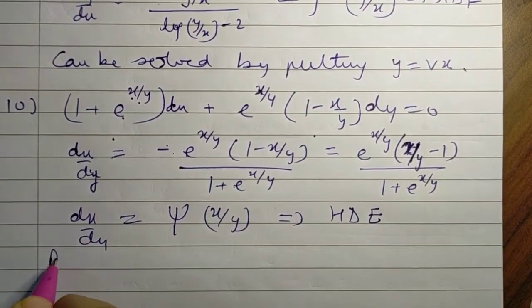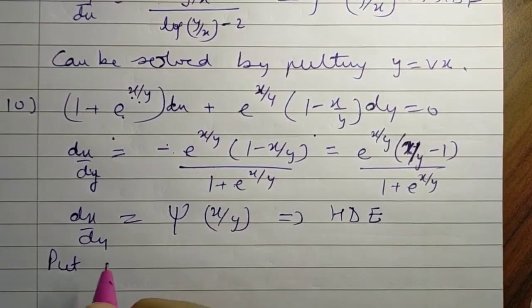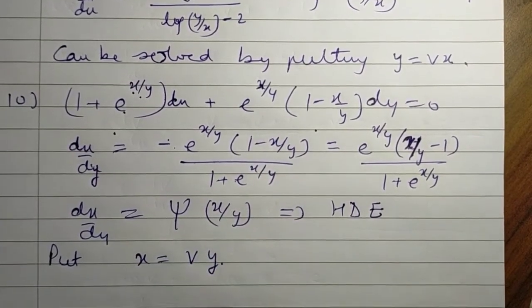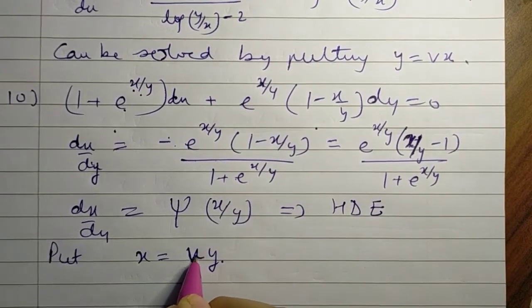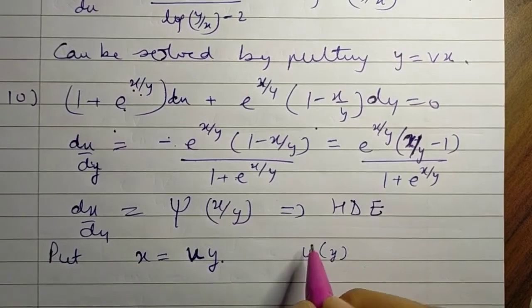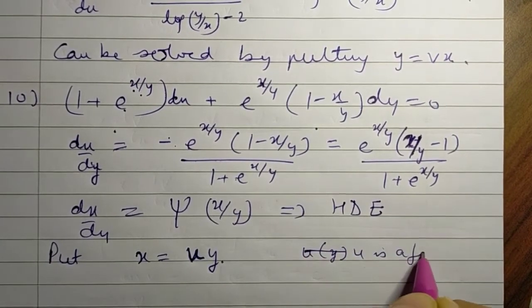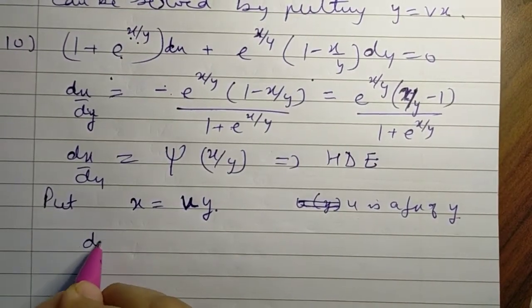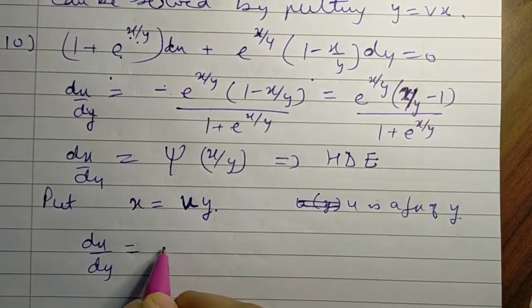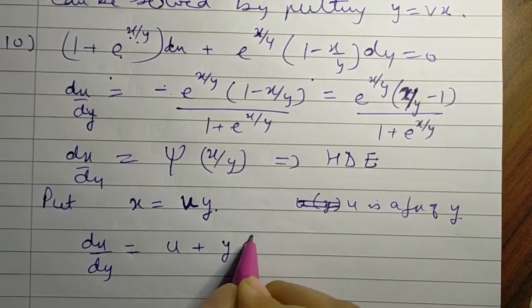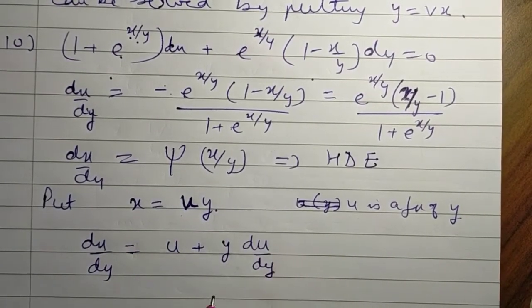Now we substitute, instead of putting y equal to vx, we write x equal to vy, or let's take it as u to avoid confusion, uy, where u is a function of y. So what we do is now dx by dy will be equal to u plus y into du by dy.